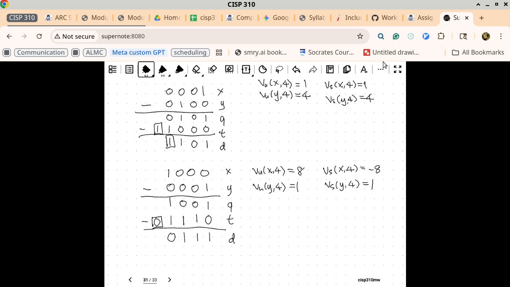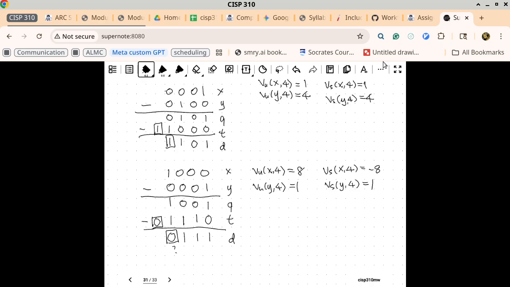You can see that in this case, the sign bit of the difference is a 0, which means the difference is non-negative. If the difference is non-negative, it means, even from a signed perspective, x is less than y is false. But obviously, negative 8 should be less than 1, so that doesn't seem to be working.